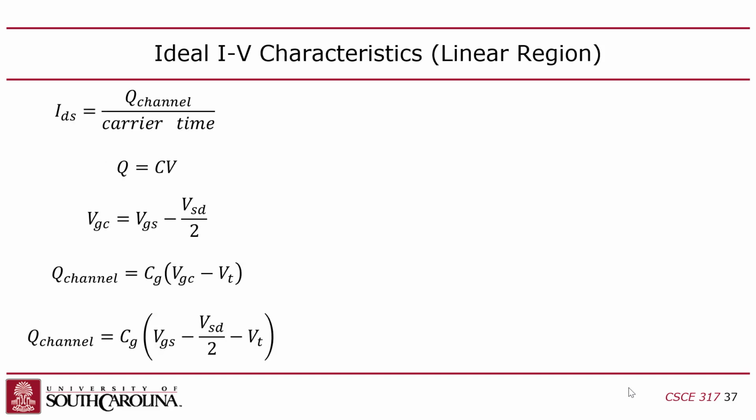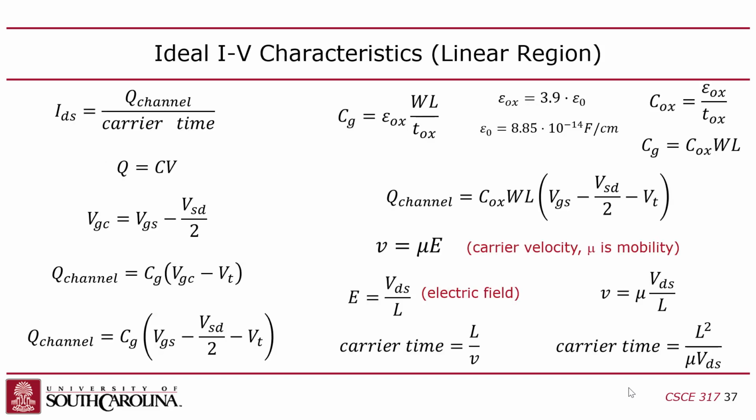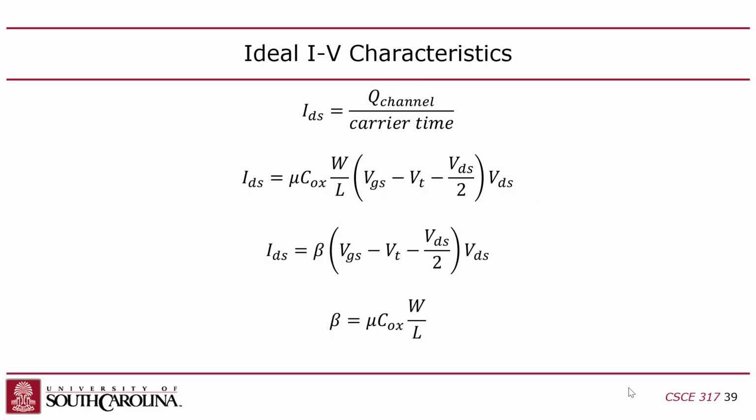Okay, so then I derived the IV characteristics, but the important point here is that this equation gives the drain-source current as a function of the gate-source and drain-source voltages. This is for the linear region. Basically, the gate-source minus the threshold voltage is one factor, and the drain-source voltage is another.